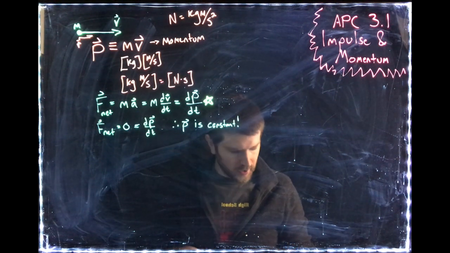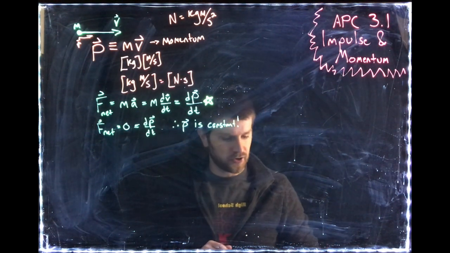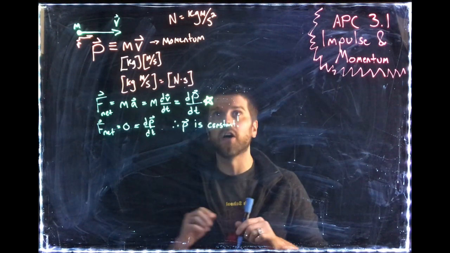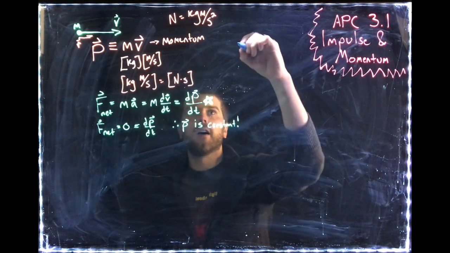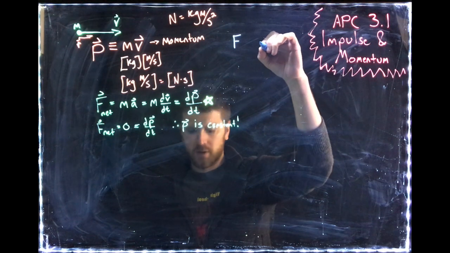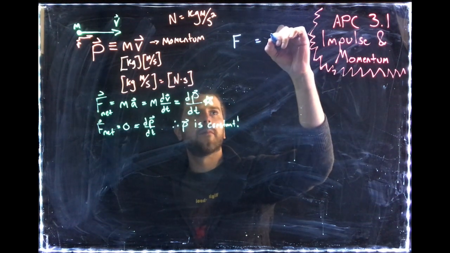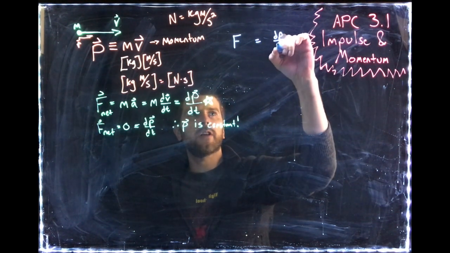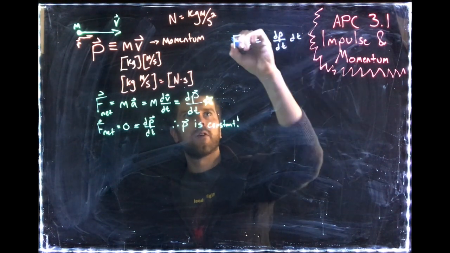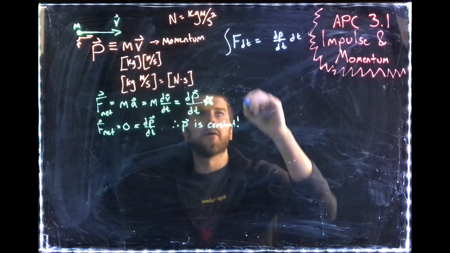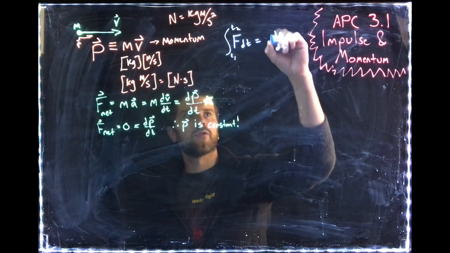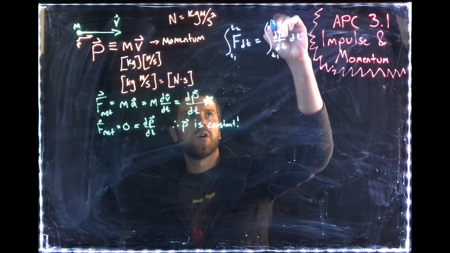All right, what if we try something a little bit strange here? I'm going to take an integral of both sides. So I'm going to take this F equals dp dt and integrate both sides over time, from some time t1 to some time t2.